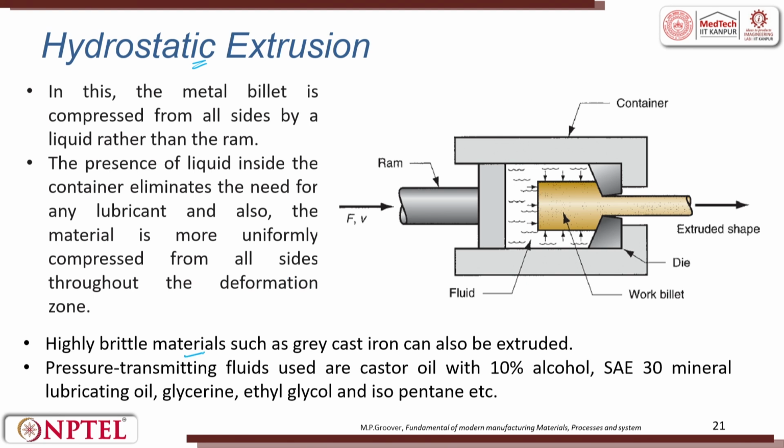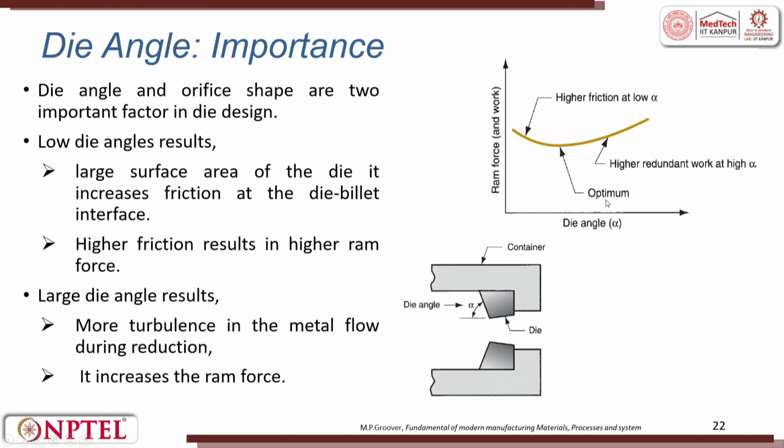So, brittle materials, grey cast iron can be extruded. The pressure transmitting fluid used is castor oil with 10% alcohol in it, such that they can start uniformly applying pressure. The die angle which we saw, we just went through it superficially, but now let us see the importance of this die angle.